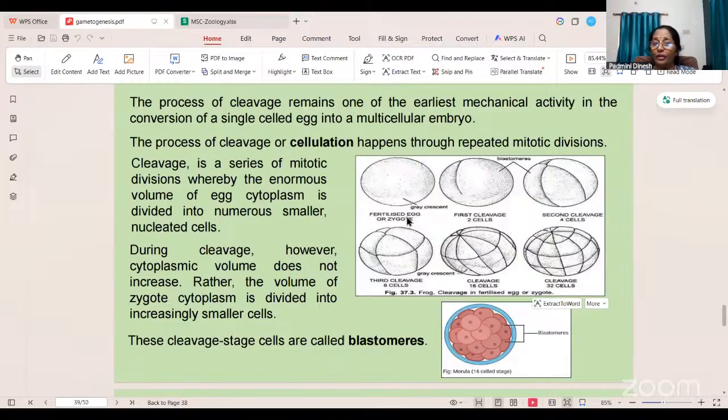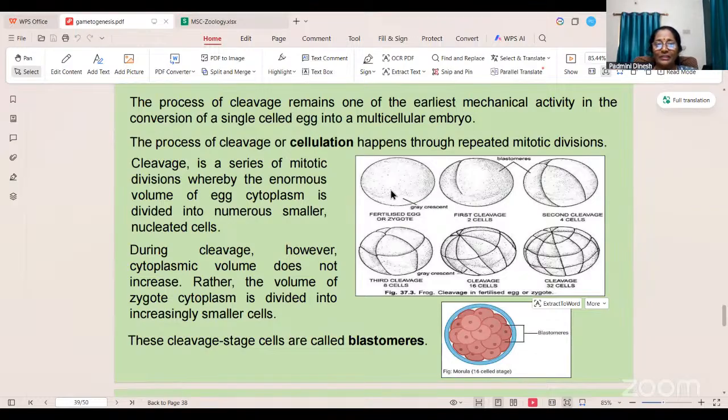Now, what are we talking about? We talked about the sperm and the eggs. Fertilization has occurred and has given rise to a zygote. Now this zygote has to undergo cleavages, that is, mitosis has to occur for cell division. The repeated mitotic divisions will give rise to different cell stages.